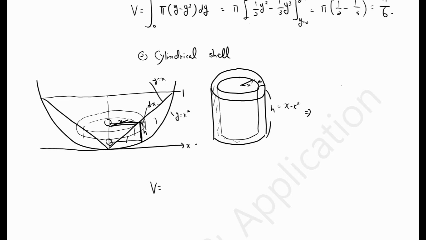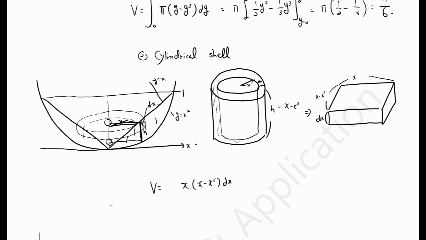The cylindrical shell, if we cut one part and unfold it, is a rectangular parallelepiped. This is dx, this is h, which is x minus x squared, and this is x. So the volume is the integral of x times x minus x squared dx, with x from 0 to 1.